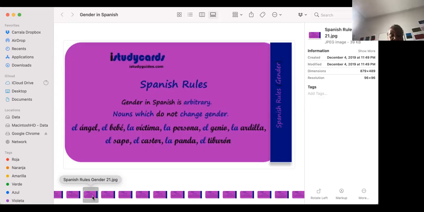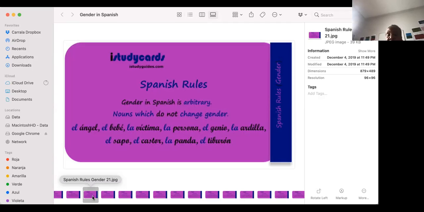Okay, so el bebé. Bebé is always the same, no matter whether it's a girl or a boy. La víctima, la persona, el genio, la andilla, el sapo. These are masculine or feminine, and it never changes.